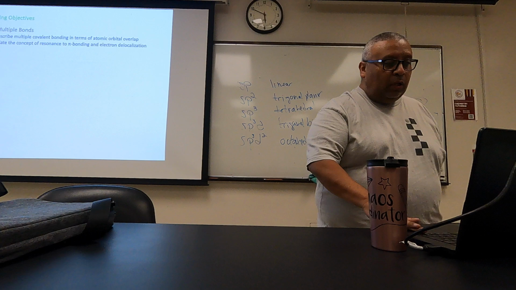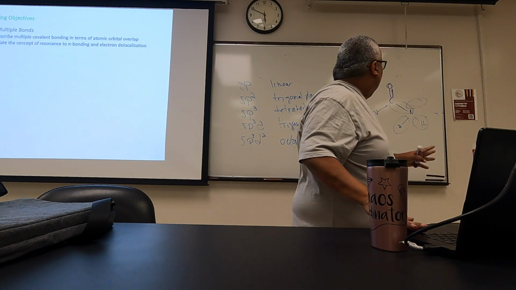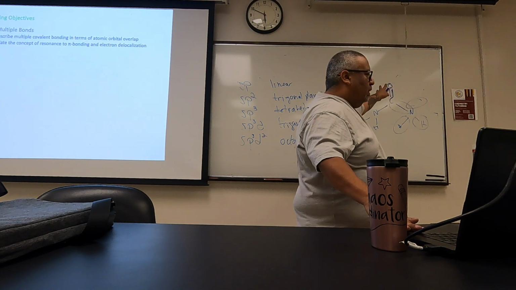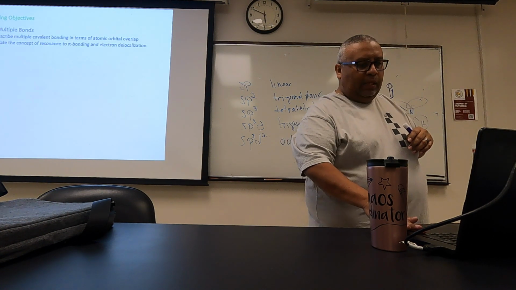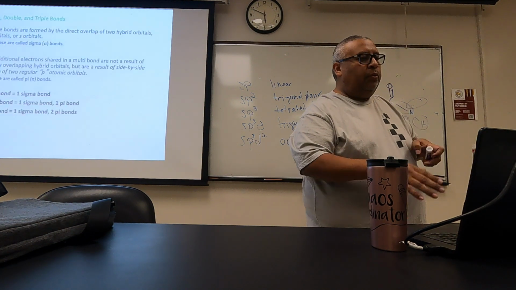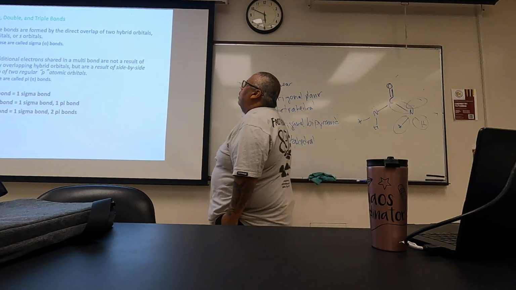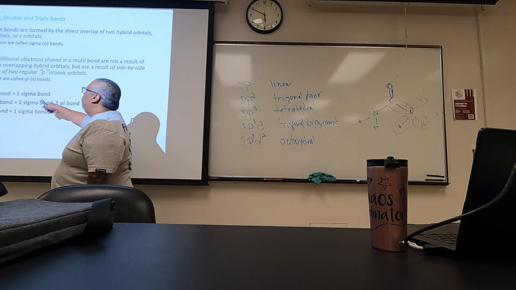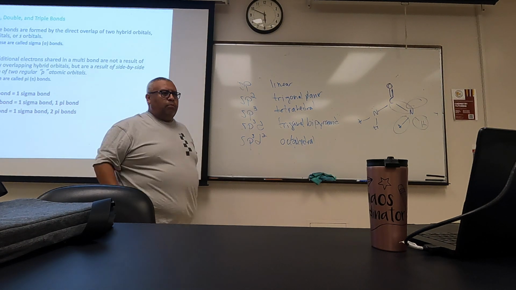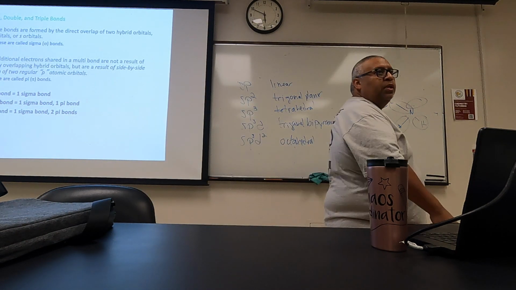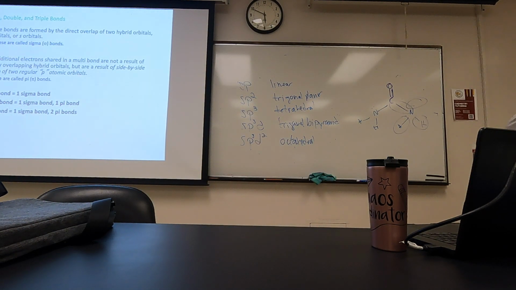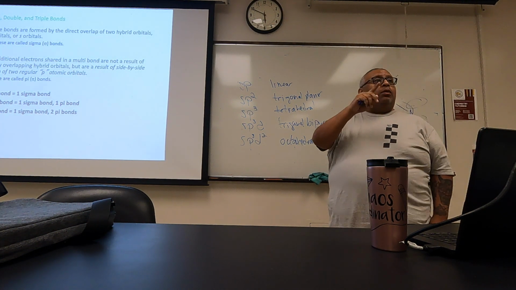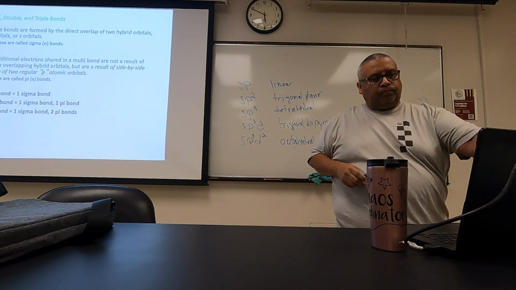So multiple bonds. Let's understand this sp2 hybridization. We know that one single bond is a sigma bond, a double bond is 1 sigma bond and 1 pi bond, and a triple bond is 1 sigma bond and 2 pi bonds.